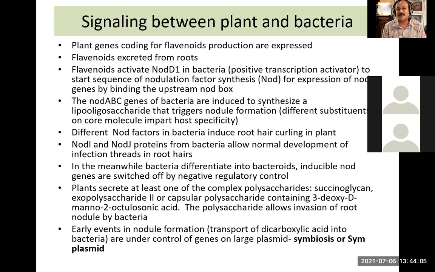These genes are present on a plasmid in the bacteria, also called the symbiosis plasmid or the SYM plasmid. It is a large plasmid, and the products of its genes are required for entry of dicarboxylic acids, which are made by the plants, into the bacteria.